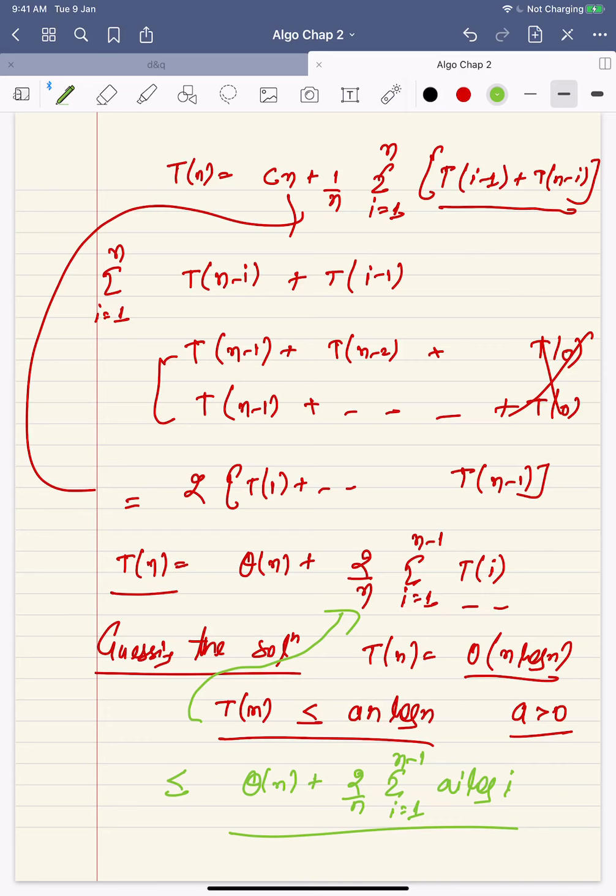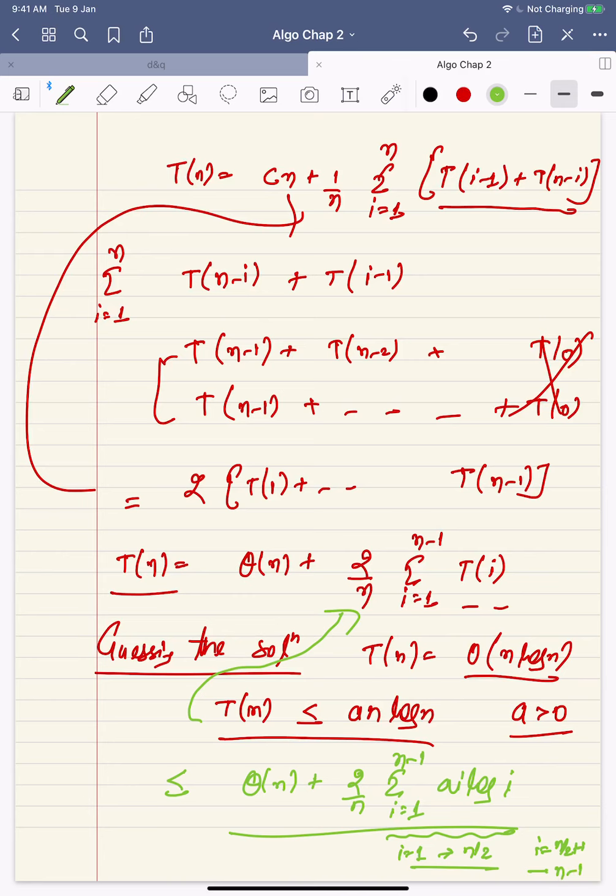Now to solve this, I do some trick, and you will see why that is needed. Because I cannot prove this directly in this form, I divide this into 2 parts: from i equal to 1 to n by 2, and i equal to n by 2 plus 1 to n minus 1.